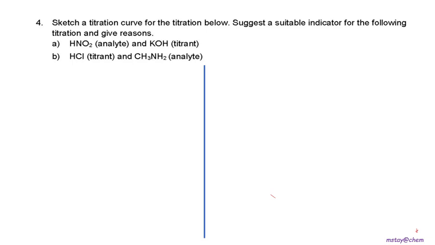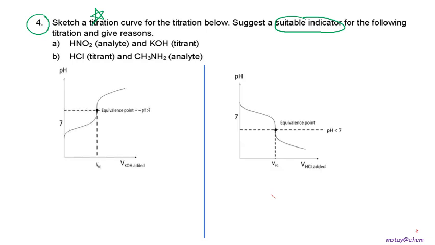Okay, we go back to question number 4. We already discussed in question number 1, at the beginning of this video, how to sketch the titration curve. So now you are asked to suggest a suitable indicator. Before we can suggest a suitable indicator, we have to identify the type of titration between HNO2 and KOH.